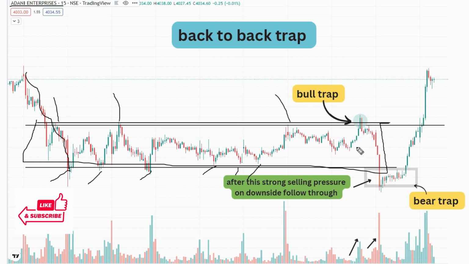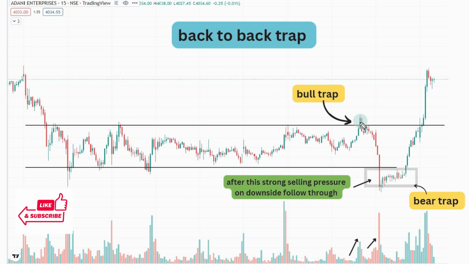Now there is a high volume breakout. See, there is a high volume breakout, but this breakout didn't sustain and prices immediately reversed back inside the trading range, creating a bull trap setup.